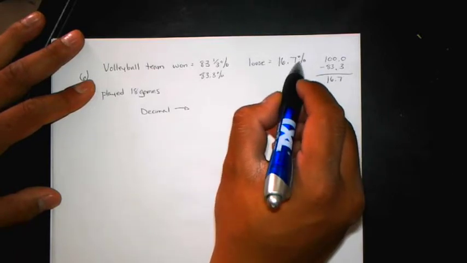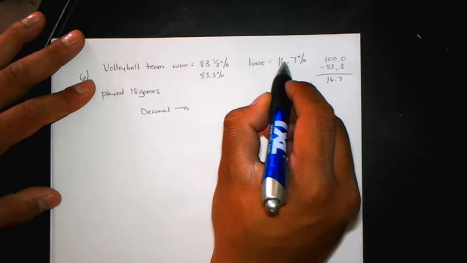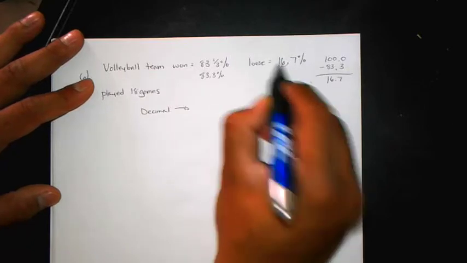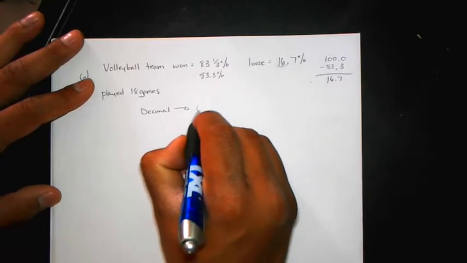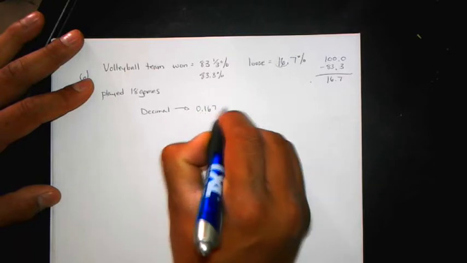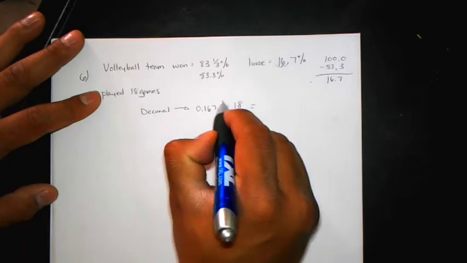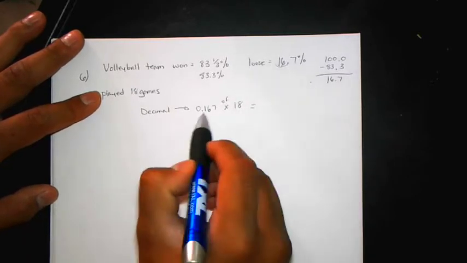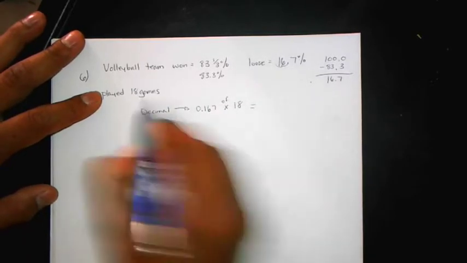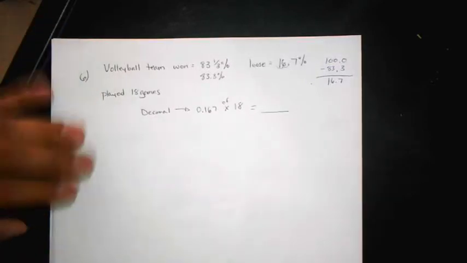As not as a percent, but as a true decimal. So I'm gonna divide it by 100. So it would be 0.167 times 18. Okay, this is the word of. So 0.167 of 18, and that's gonna give you an answer.